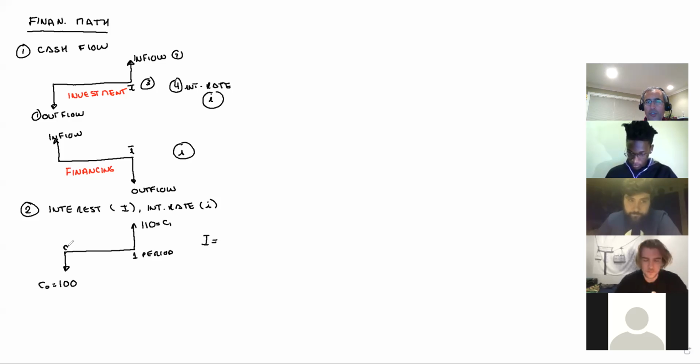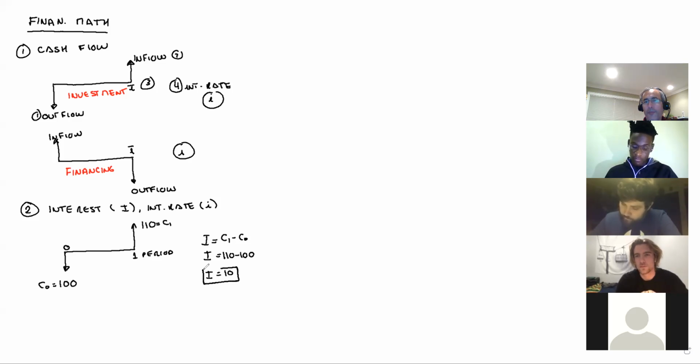So this is my period 0. I is always going to be C1 minus C0, simply the difference of cash flow. So my interest is going to be 110 minus 100, so my interest equals 10. Now, what is my interest rate?